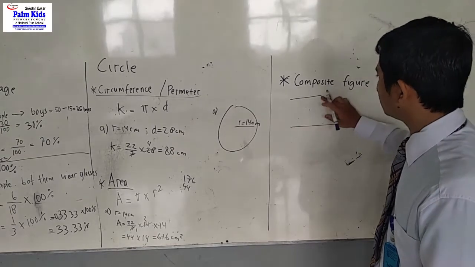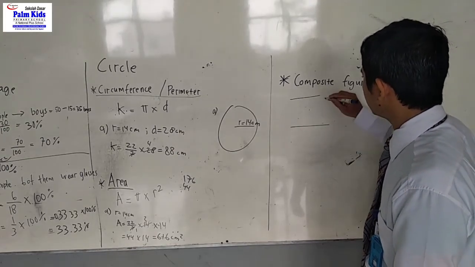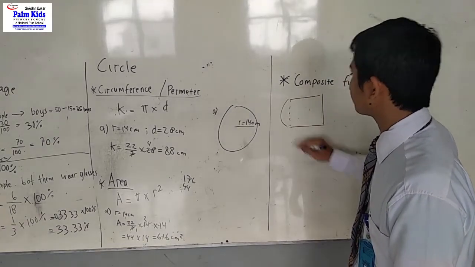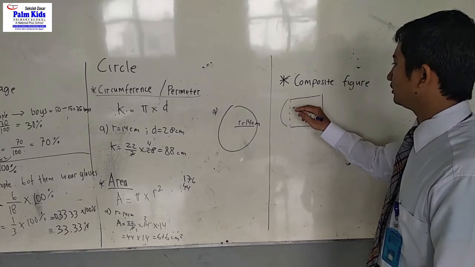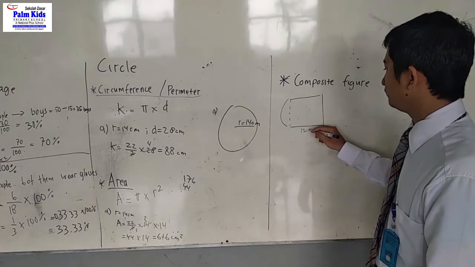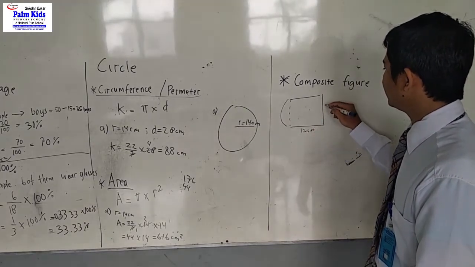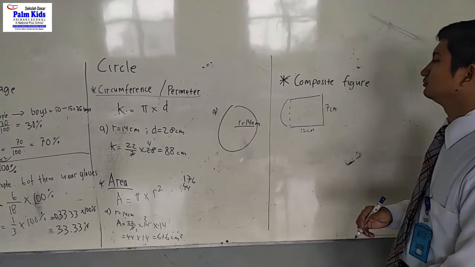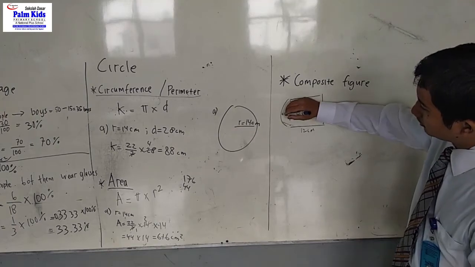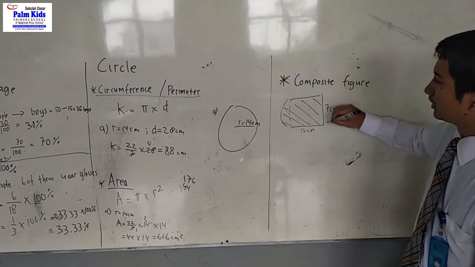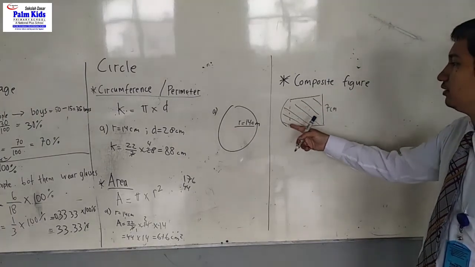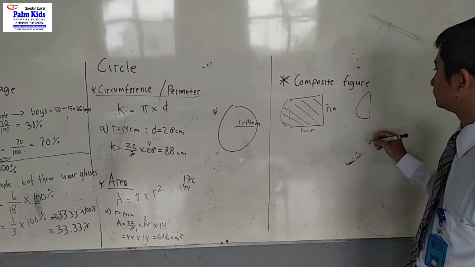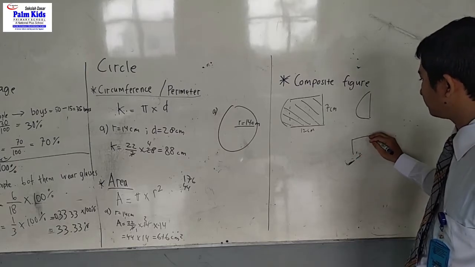Let's draw this one, where this is 12 centimeters and this is 7 centimeters. Now, here we can see that there are 2 shapes, a rectangle and a half circle, so you treat them separately.